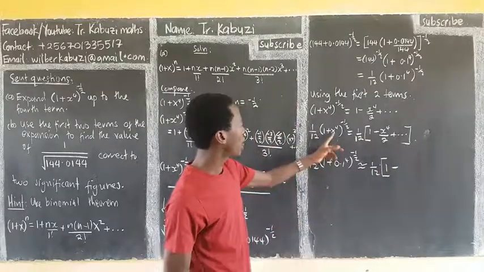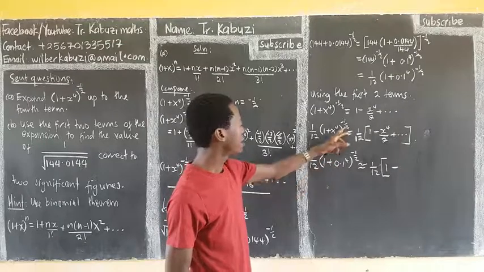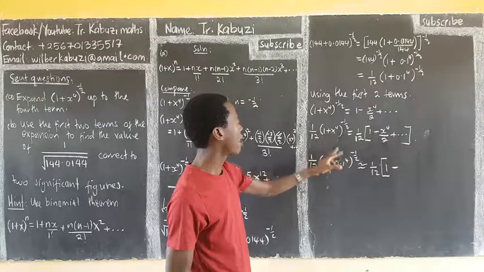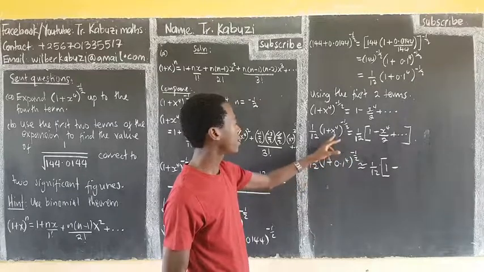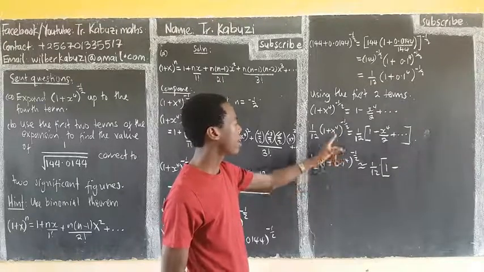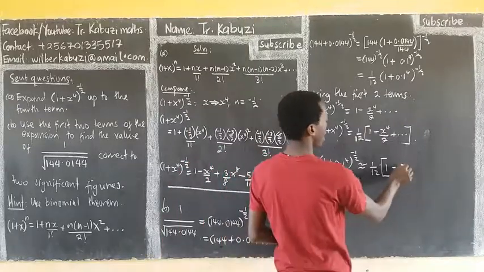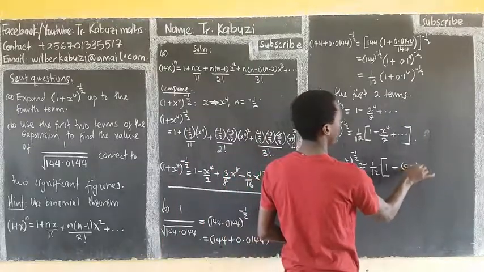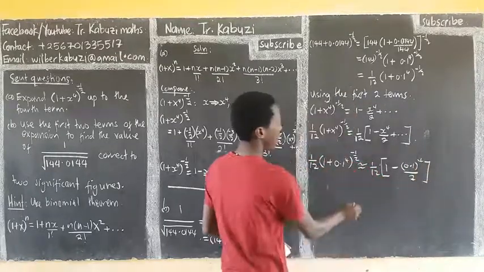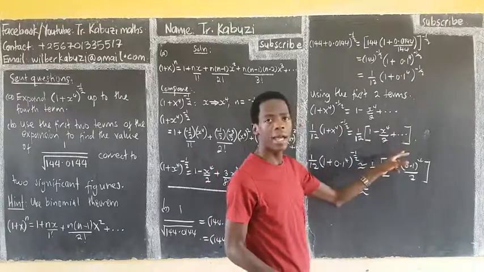Now, if you compare this and this, you can see this is a half, but negative. This is 1. It means that our x power 4 is 0.1 power 4. I think we can see that now. Our x is going to be 0.1. So here I have 0.1 power 4 over 2. Now when I introduce the approximation sign, this one disappears.